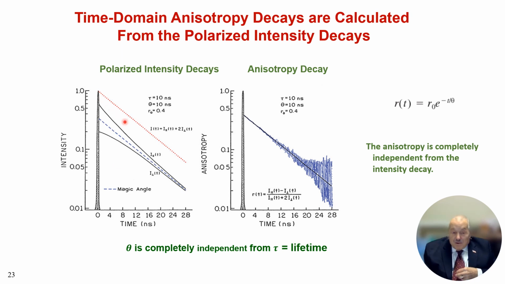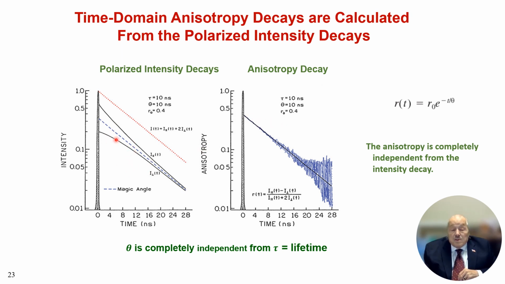So that's why it looks faster. The perpendicular decay looks slower because if you're looking perpendicular, you can't see those molecules until they rotate into the plane of observation. So the decay seems slower.